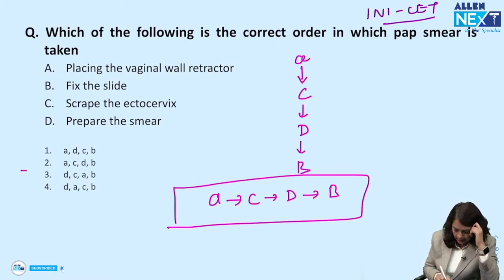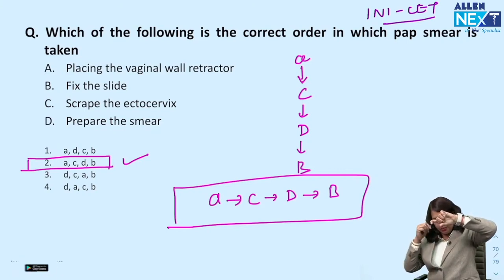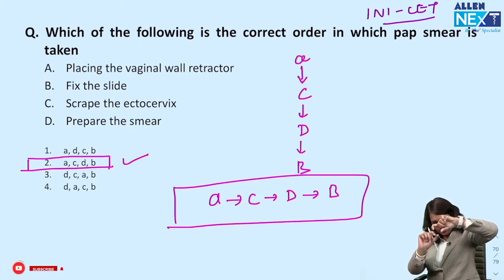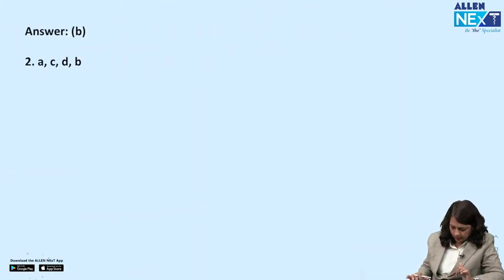First, prepare the patient, that is Cusco's or Sims speculum with anterior vaginal wall retractor. Then you take the Ayer's spatula if you are using a slide method, and then a brush, take it from the cervical canal and squamocolumnar junction, 2 slides, fix it with a spray. So that is the sequence.